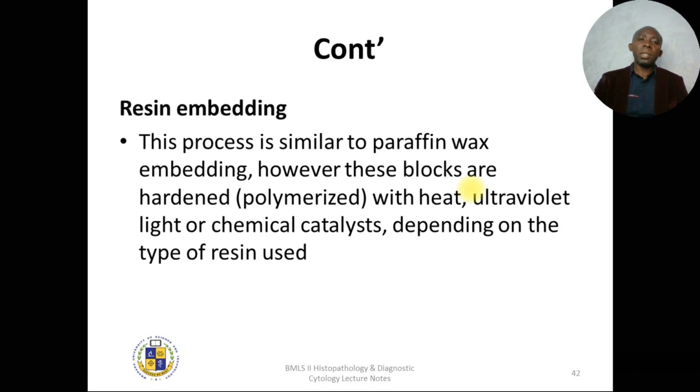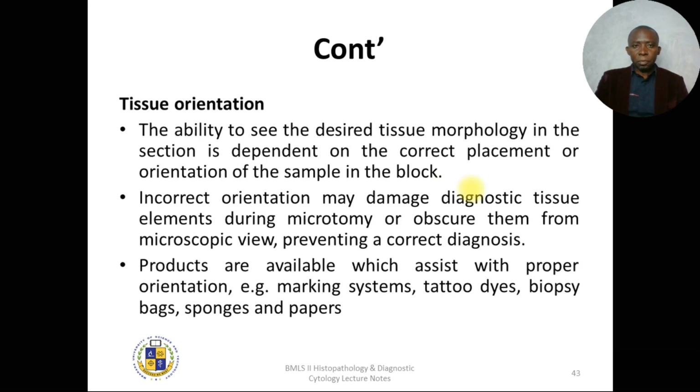And remember, we previously said that the resin does not solidify easily and does not make hard solidifications like paraffin wax does. So that's why we have to add additives to make it solidify properly, and some catalysts to make it able to make hard tissue blocks that will be used for sectioning.